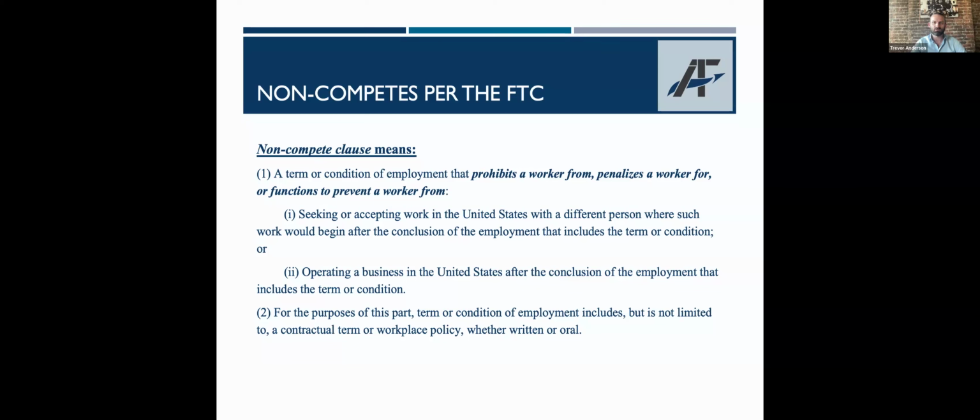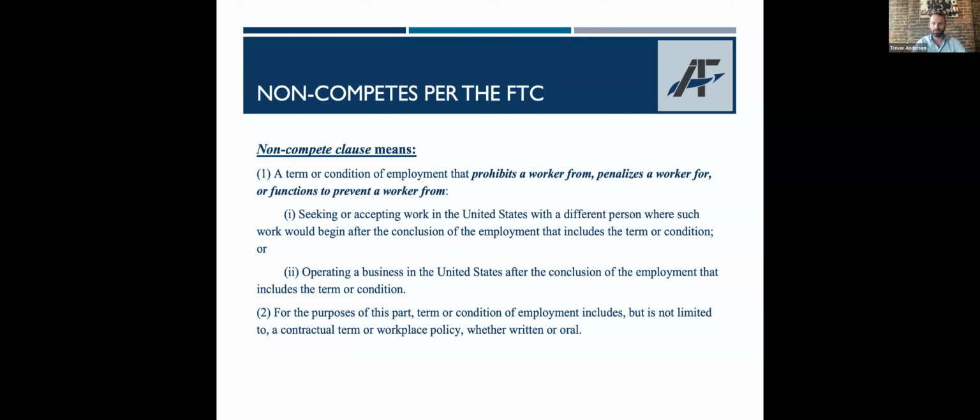But the reality is the FTC is going to look at the contract in its totality and see if the restrictive covenants function, right, act as though they are a non-compete, preventing the employee from working or starting or operating a business.